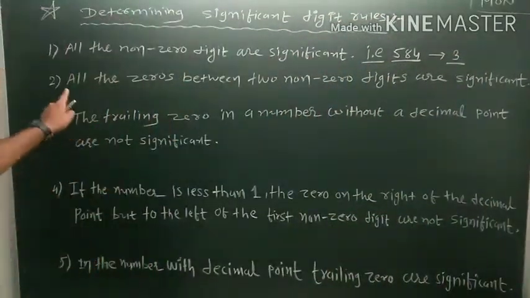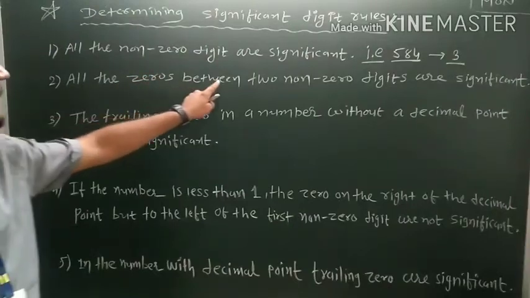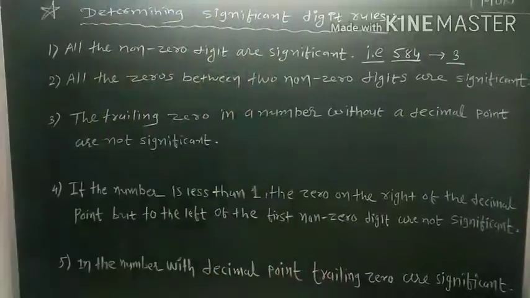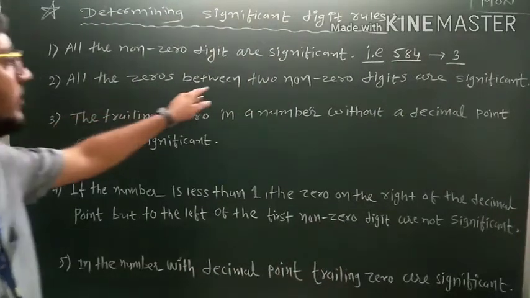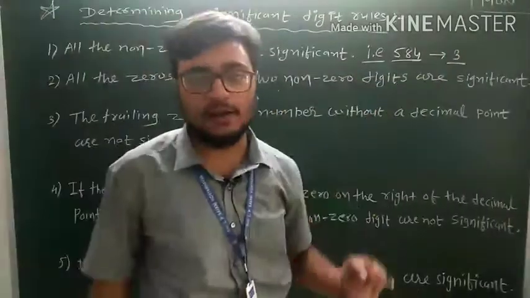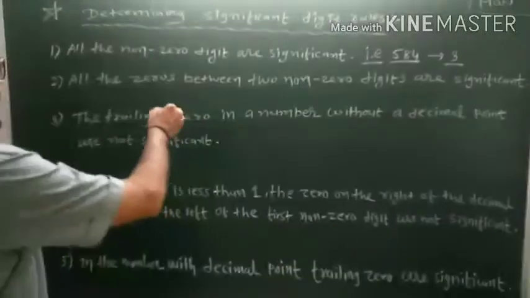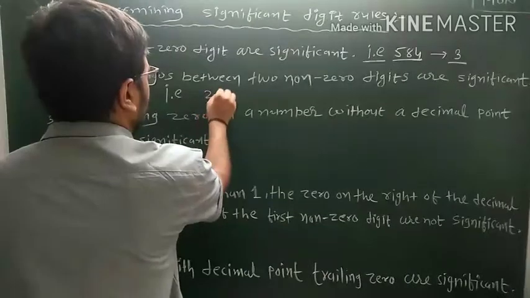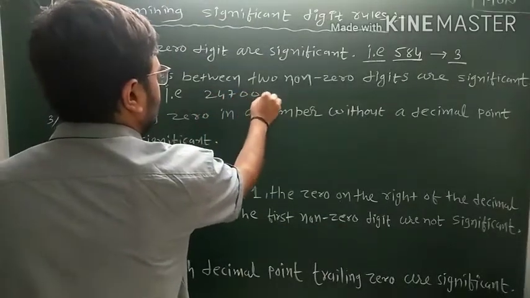Okay, then the second rule: all the zeros between two non-zero digits are significant. Suppose we take one number, that is 24700008.